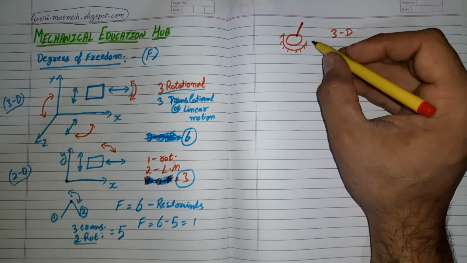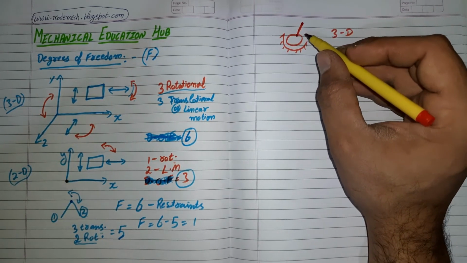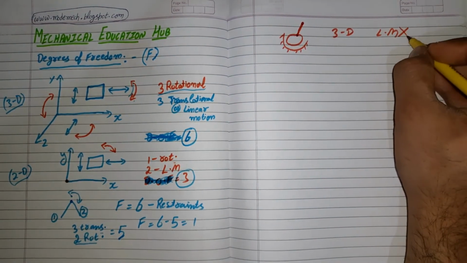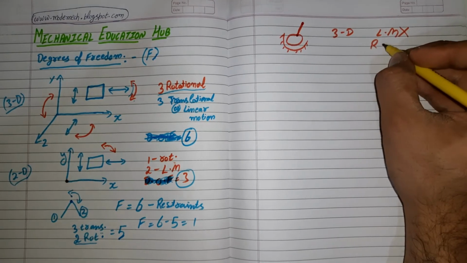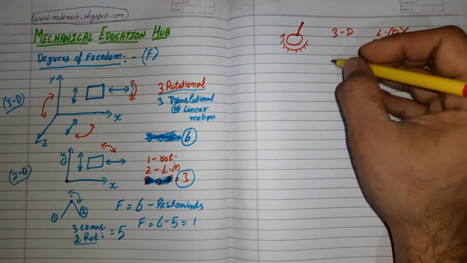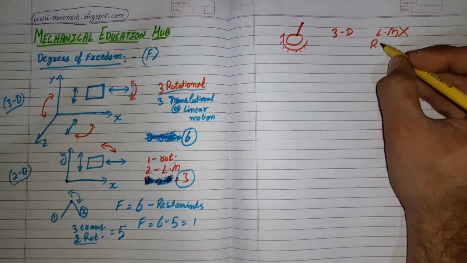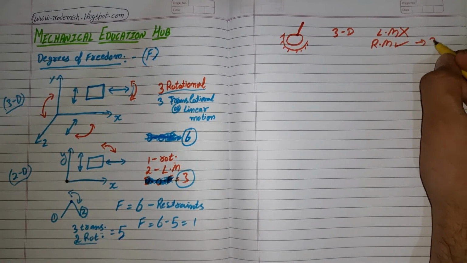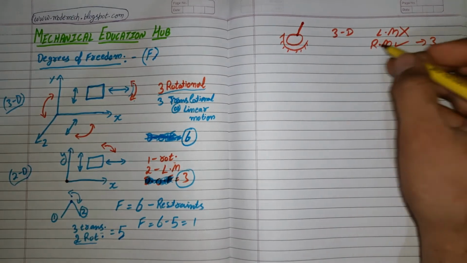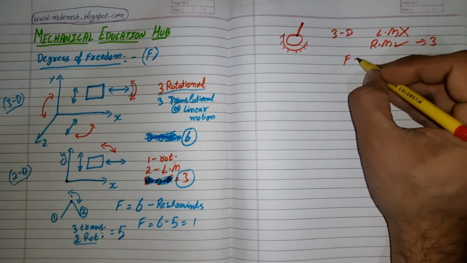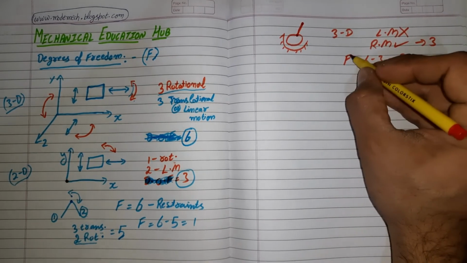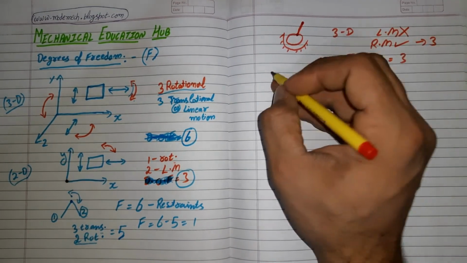So for this pair or this joint, linear motion is not possible. It can only rotate, and it can rotate in all the 3 dimensions. So total 3 rotational motions are there. So its degrees of freedom will be 6 minus 3, and its degrees of freedom comes out to be 3.